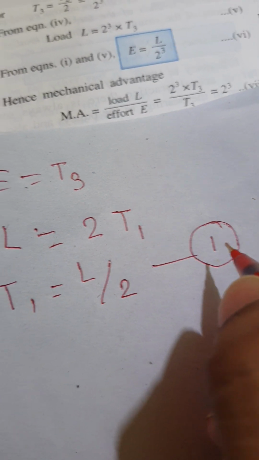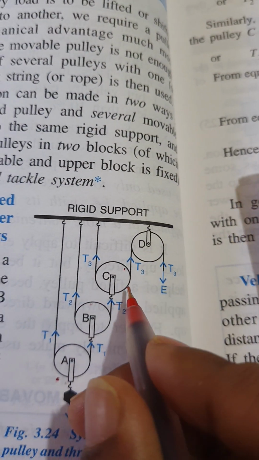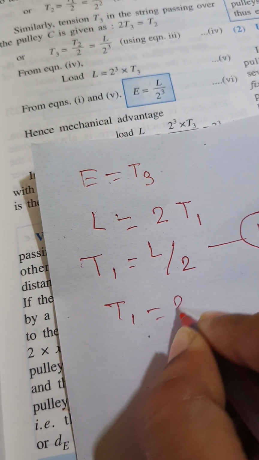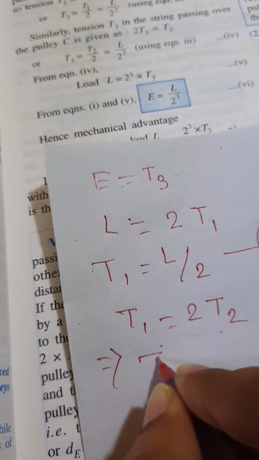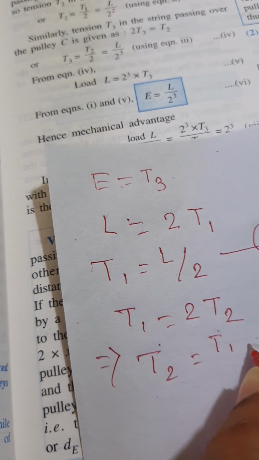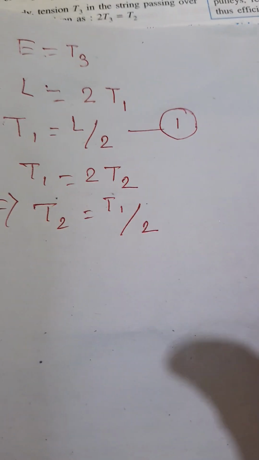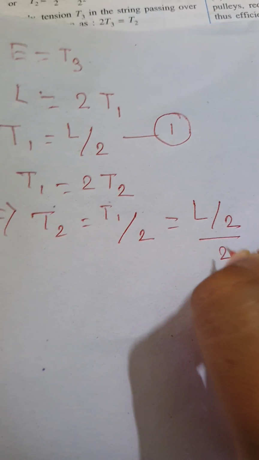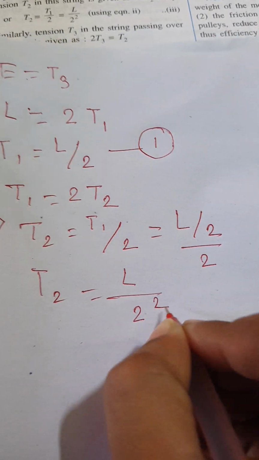Now you can see for the case of T2, this is supported with only T1. So we can write T1 is equal to 2T2. From here T2 is equal to T1 divided by 2, and from equation 1 we got T1 equal to L by 2. So we can write L by 2 divided by 2, so T2 is L by 2 square.